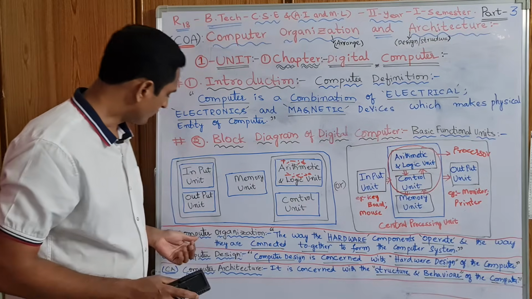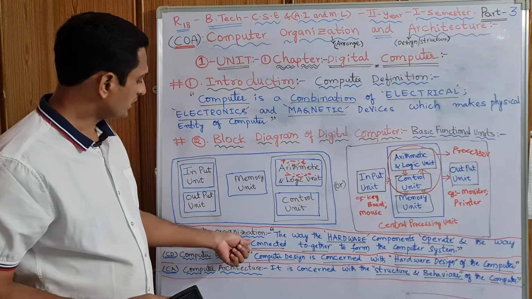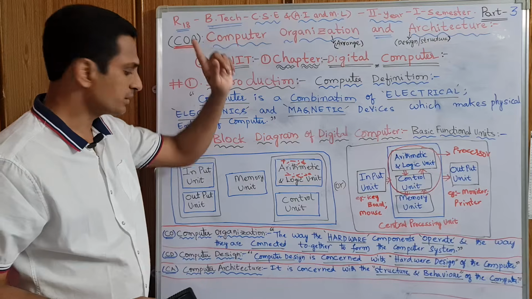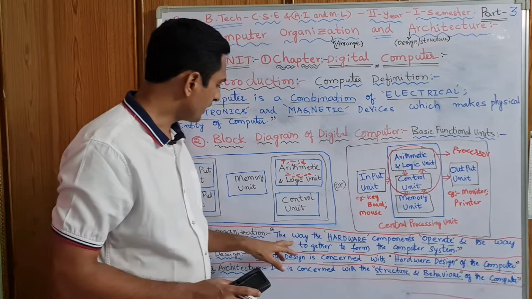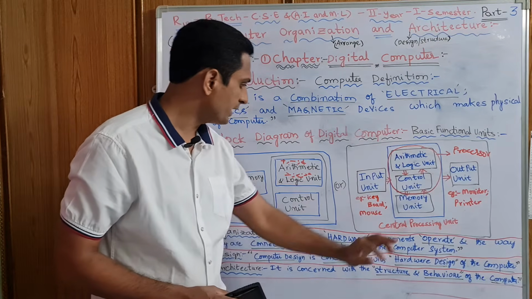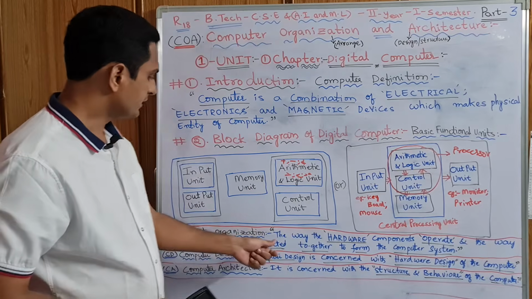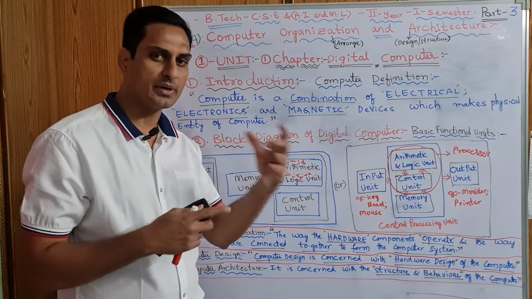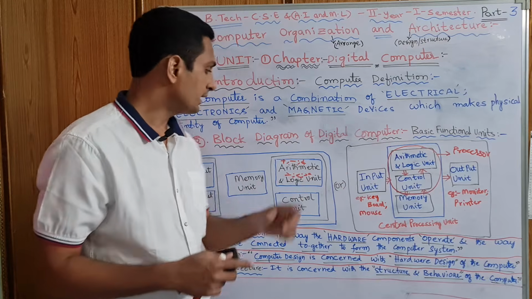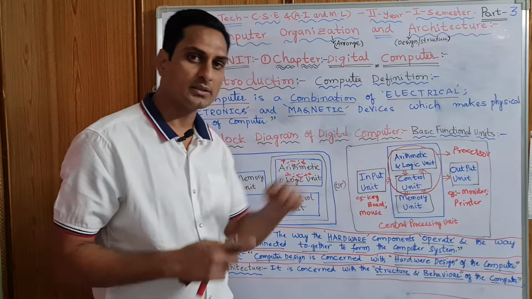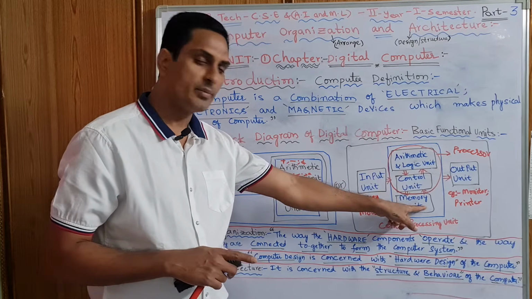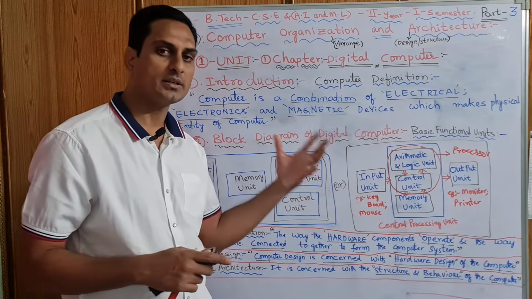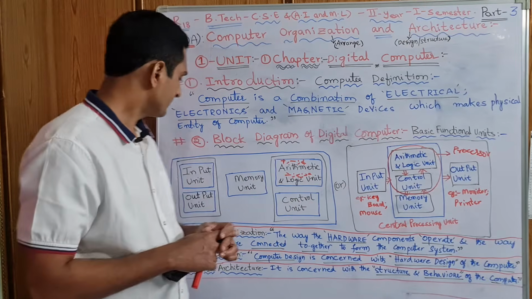And we have one more topic called computer organization. The definition of computer organization says something like this: the way the hardware components operate and the way they are connected. The hardware components are manufactured separately, like the processor is manufactured separately, RAM is manufactured separately, keyboard, mouse, every device is manufactured separately, and how they are connected.